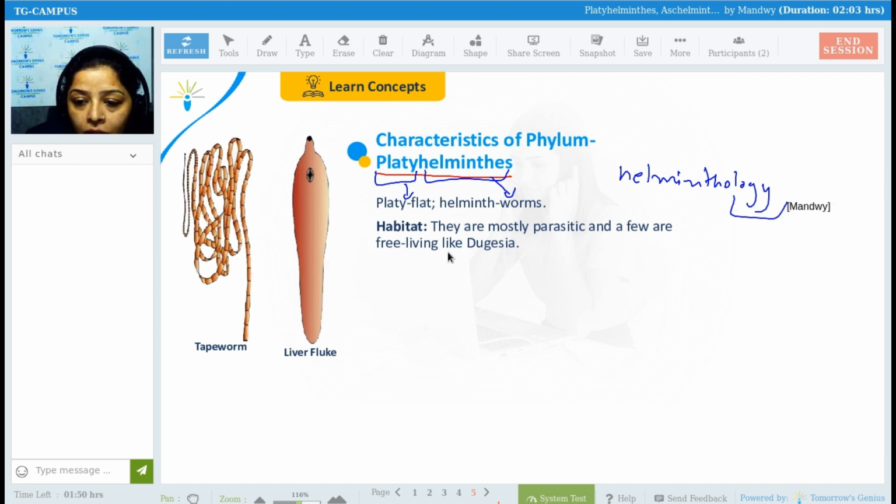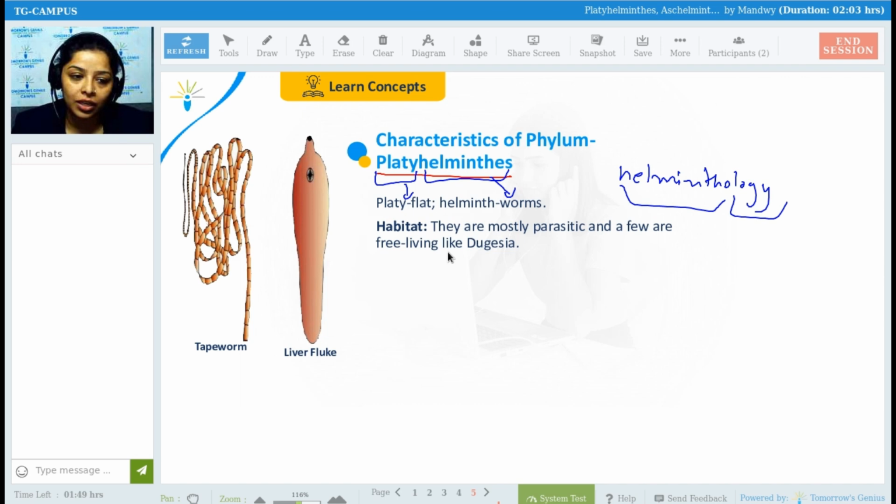Logos. Logy is the study. Helminth, study of worms, study of helminths is helminthology. Clear? So these organisms, all those having a flat body shape, are Platyhelminthes and they are parasitic in nature.